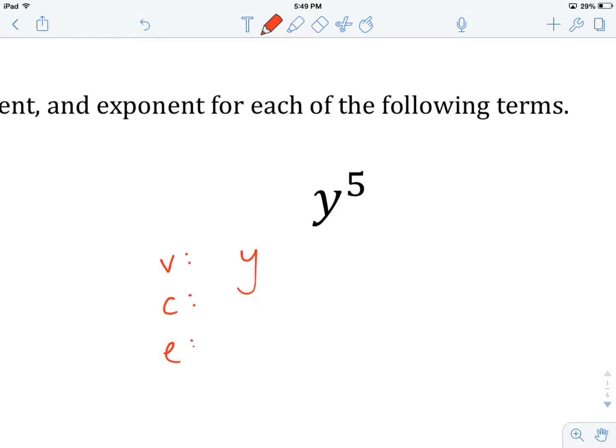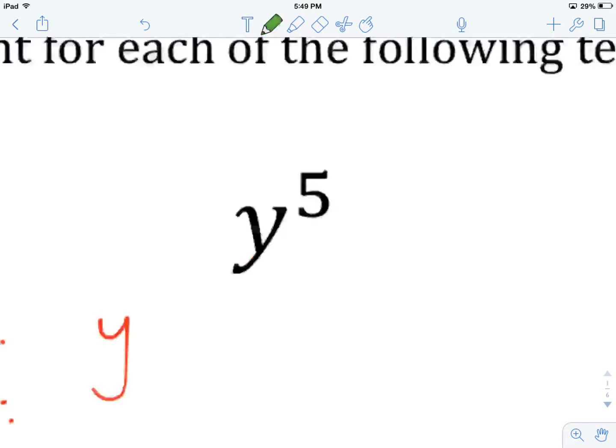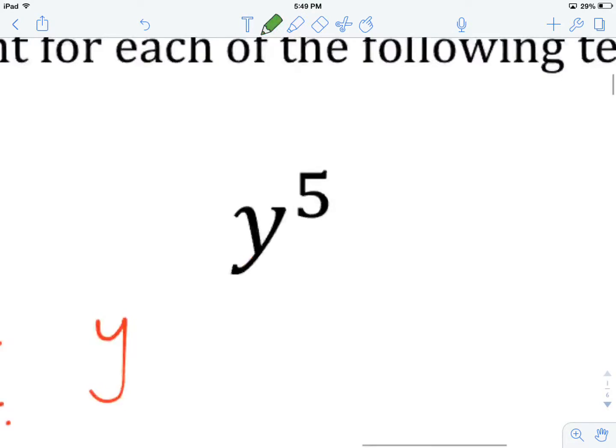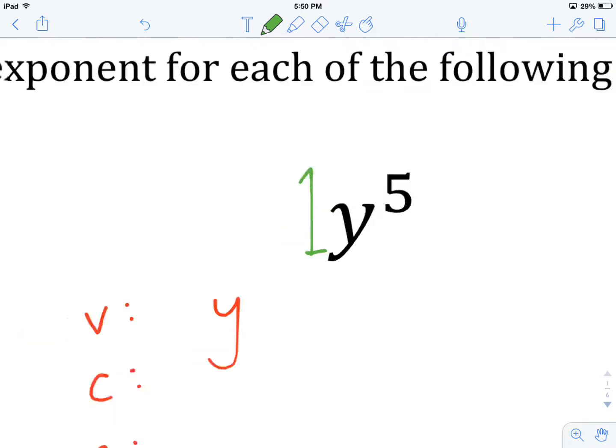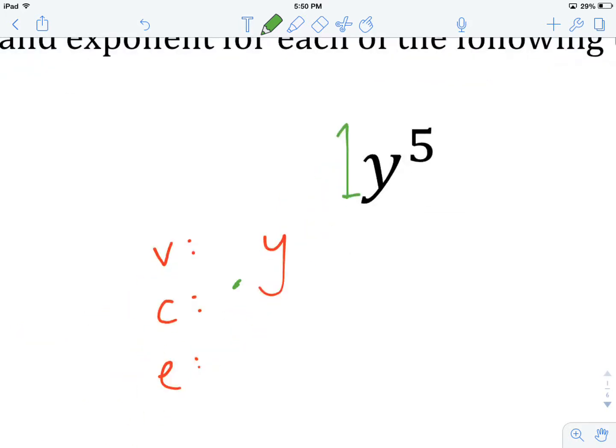Now the coefficient, again, there doesn't appear to be one, and you're tempted to say there is no coefficient, but there is a coefficient. Again, if we don't bother to write it down, because mathematicians can be an efficient lot, the coefficient in front of a term that doesn't have another number out front is going to be 1. So the coefficient of y to the exponent 5 is actually 1y to the exponent 5.